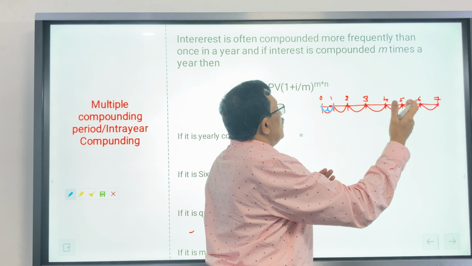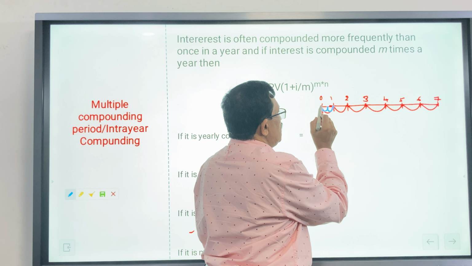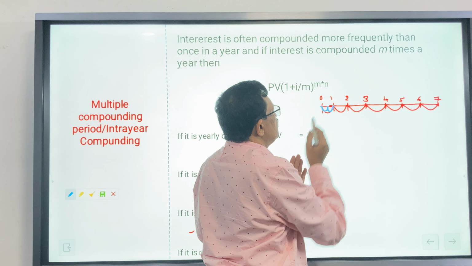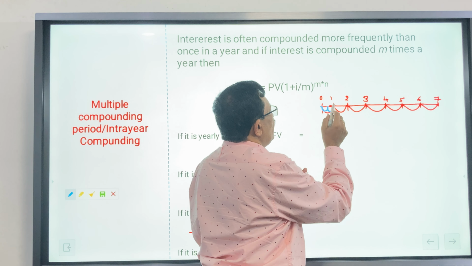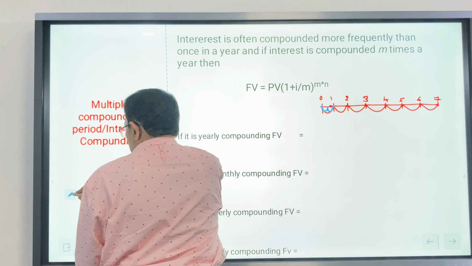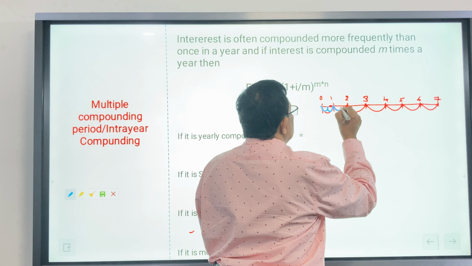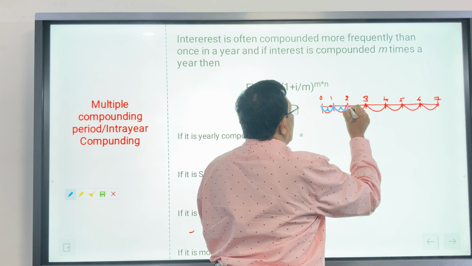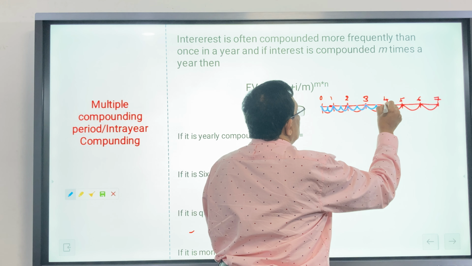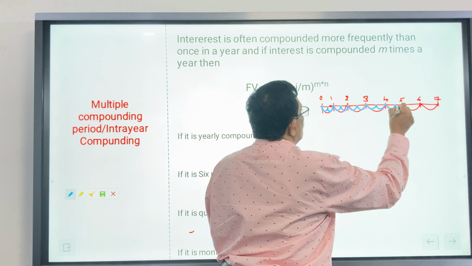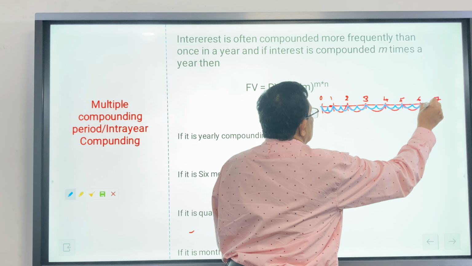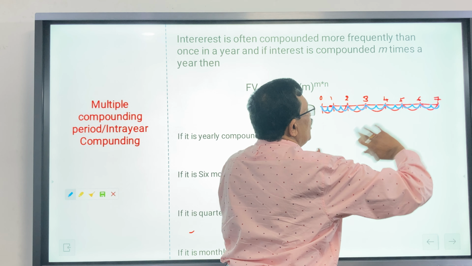If it is going to be P0 or F0, you will get F1 here, F2 here, F3 here, F4 here. Like this, we are going to find out the future value compounded on the basis of half year, and we are going to get the future value for a particular period.